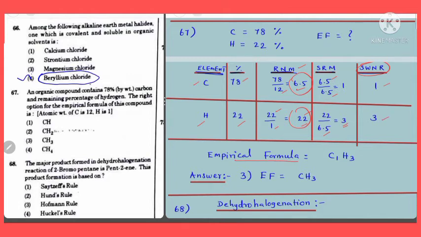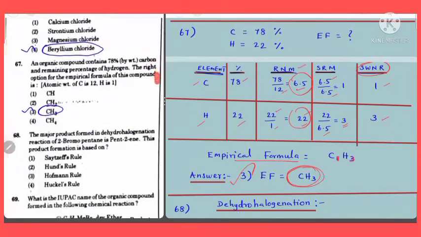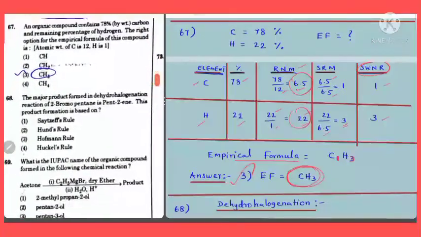Therefore the empirical formula is C1H3, that is CH3. So the right answer is option 3. The empirical formula of the organic compound having carbon 78% and hydrogen 22% is CH3.